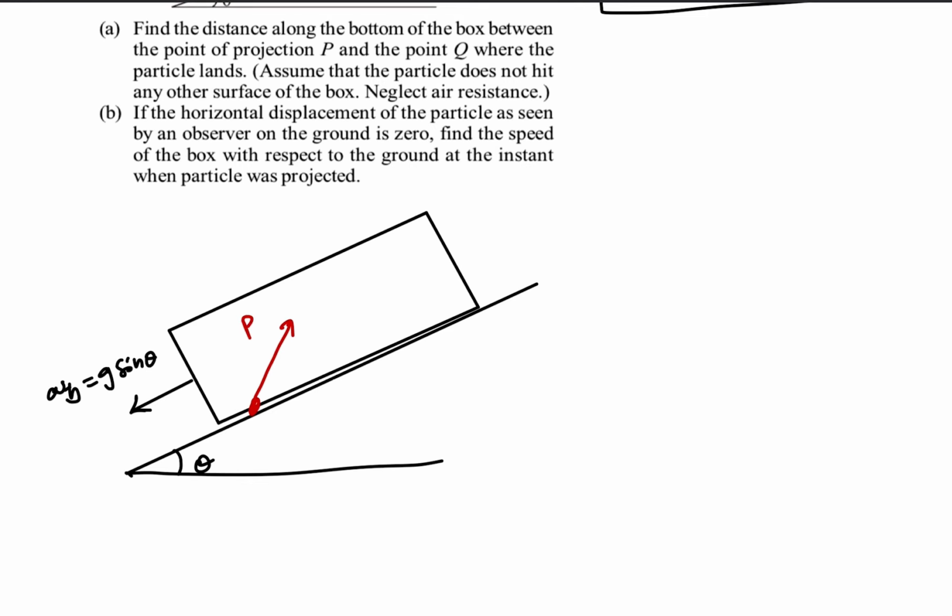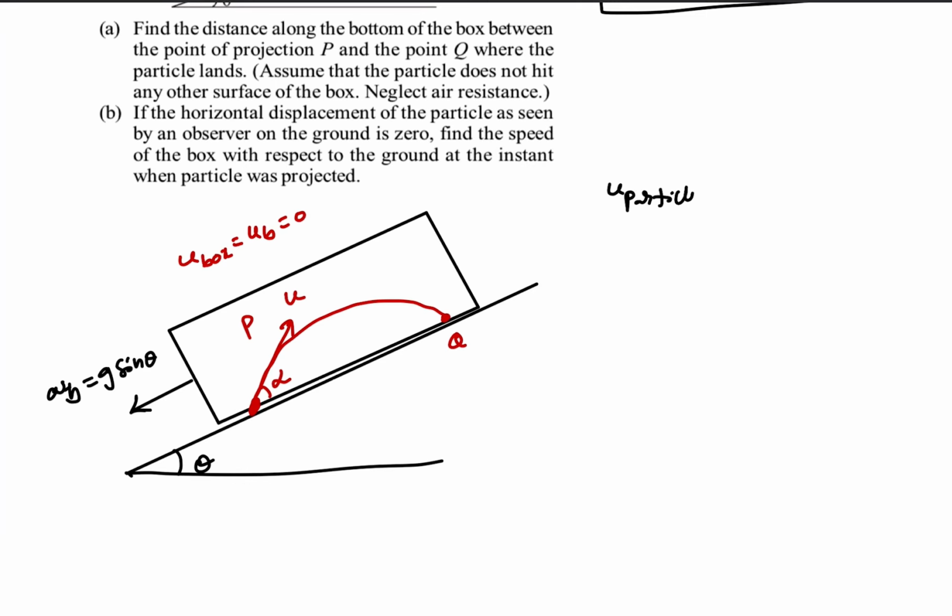From this point P, a particle is projected with velocity u. The initial velocity of the box, u_b, is 0. The particle reaches the point Q. Observe this carefully.